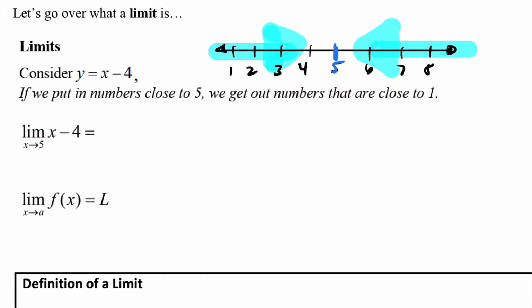What is the answer getting closer and closer to as I get closer to 5? So when I plug in 1, 2, 3, 4, 4.5, 4.6, 4.7, 4.8, 4.9, 4.99, 4.999999999, what y value am I getting closer to?